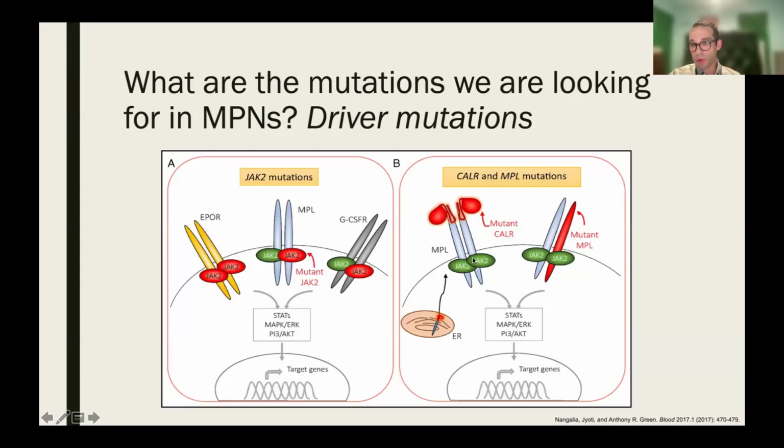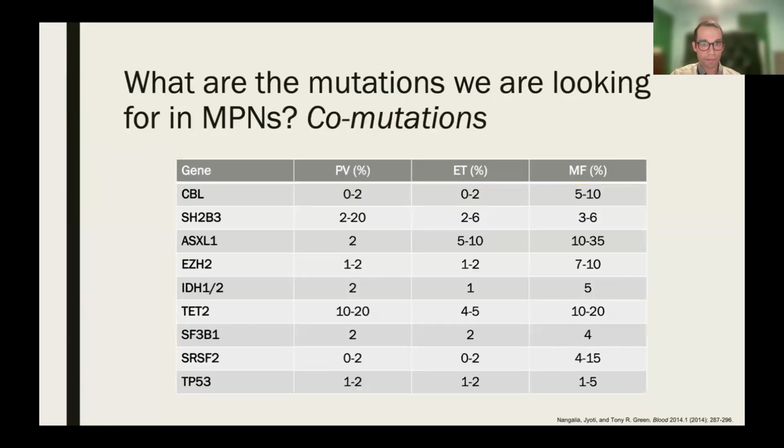Normally, these proteins, JAK2, CALR, and MPL, turn on and off whenever cells need to make more of themselves or should stop making more of themselves. That's what keeps the homeostasis in your body going. But with these mutations, they unfortunately don't have that homeostasis, and they make more of themselves when they shouldn't.